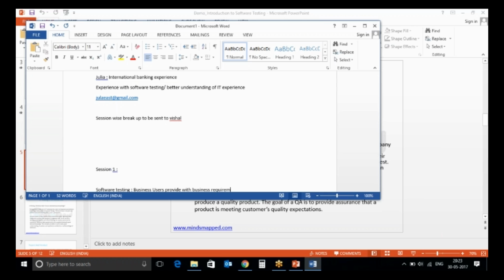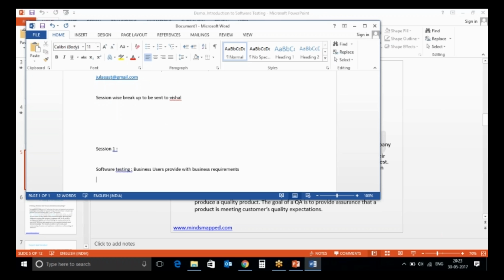The next role that comes in is the business analyst, and his job is basically to deduce those business requirements into scenarios that are applicable to testing the software.